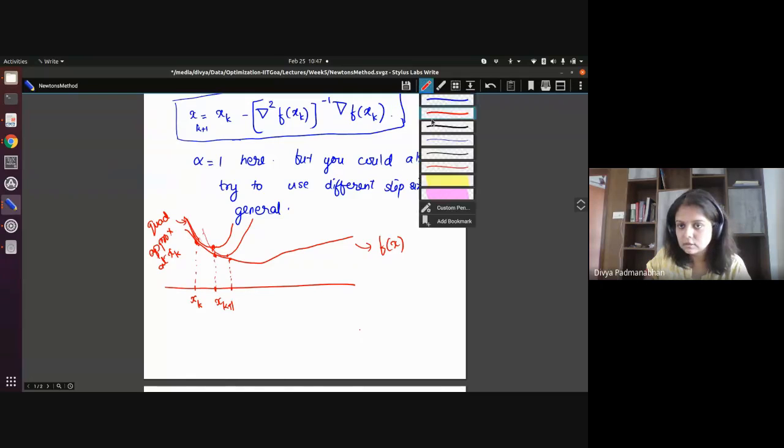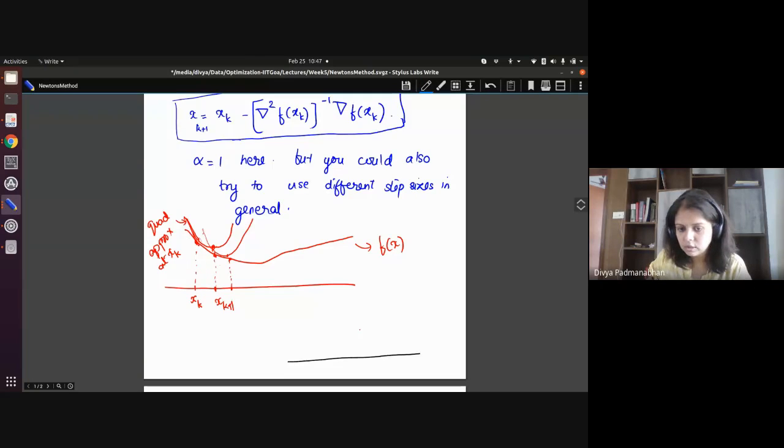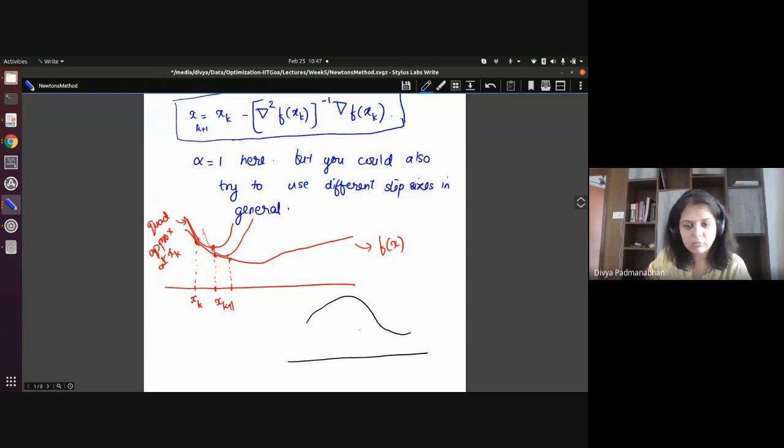So let's start with a different one. Say some function like this, and maybe you're at xk, this is your xk, and maybe you want to come here. The quadratic approximation here would be something of this form.